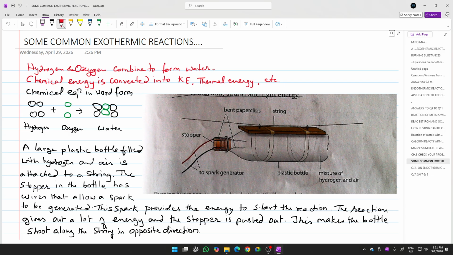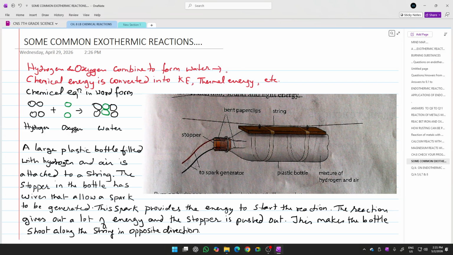This happens when you burn hydrogen in air, and in air there is always oxygen present. When you burn hydrogen in air, the hydrogen and oxygen combine, and this chemical reaction is an exothermic reaction.